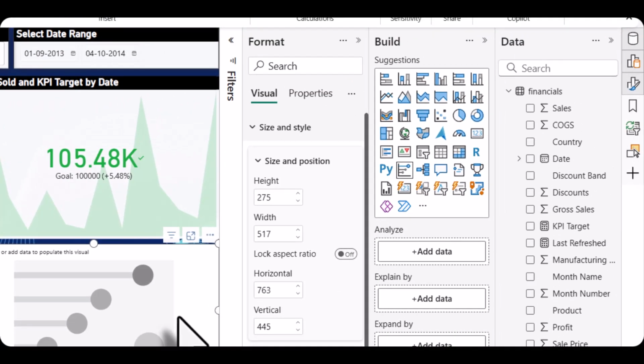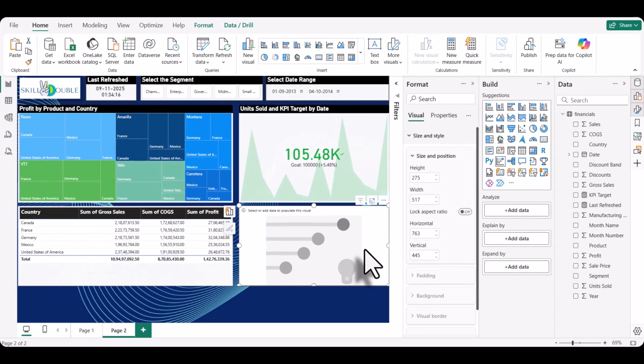Why this visualization is used is to see, for example, what the profit is getting impacted by. What are the factors that would impact the profit? If the profit increases, then what are the factors that would influence it?